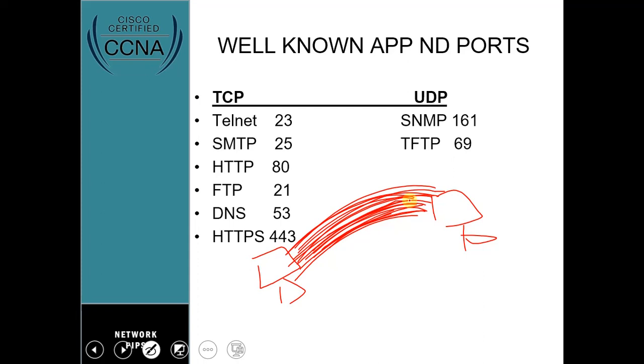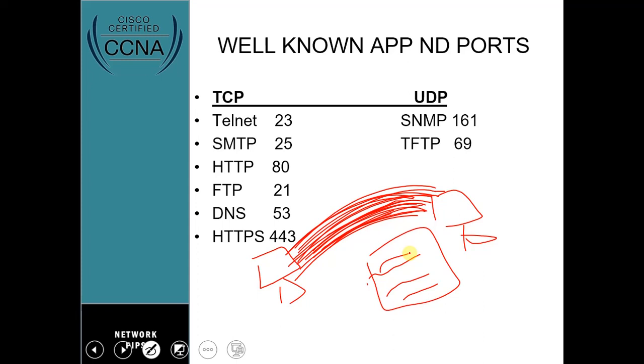So some of the applications that will reside on TCP include Telnet, which is a remote connection to a device. It's going to give you a terminal view, not a GUI view. It has a port number of 23.